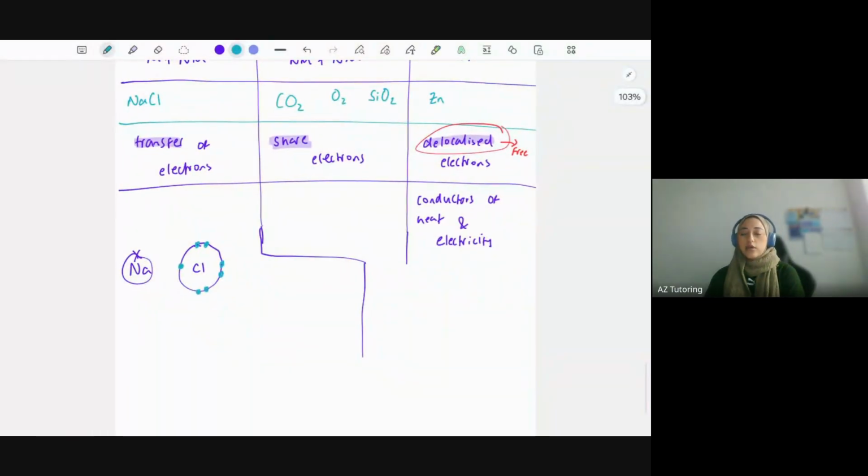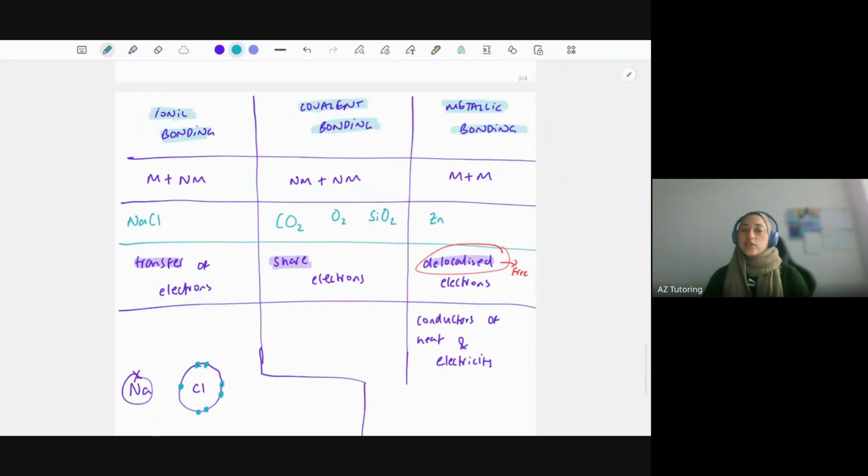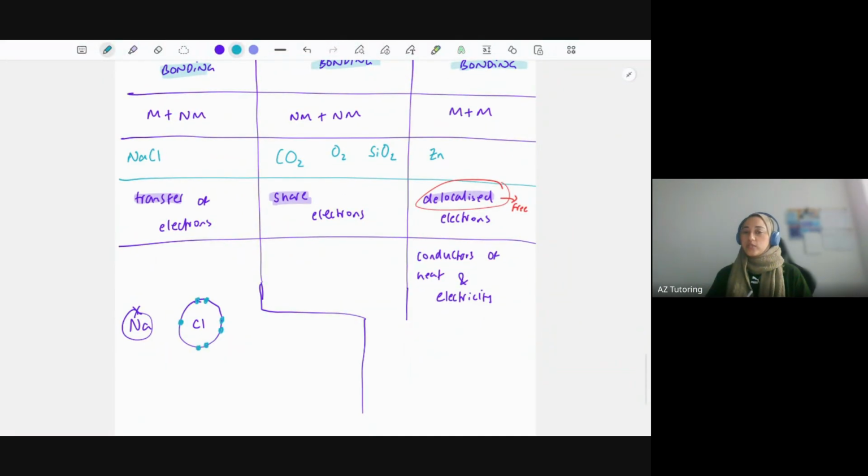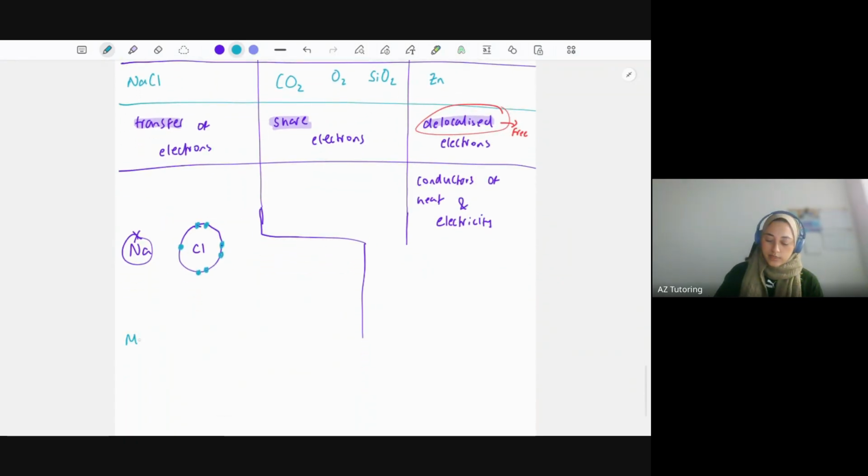Okay, so remember with bonding, we essentially want a full outer shell. That's the whole point. So in terms of ionic bonding, transfer of electrons, one's going to lose electrons and one's going to gain electrons. Now the metals always lose electrons. So metals, they lose electrons.